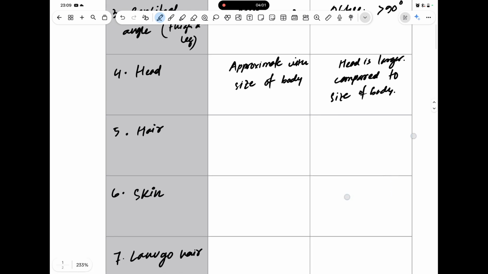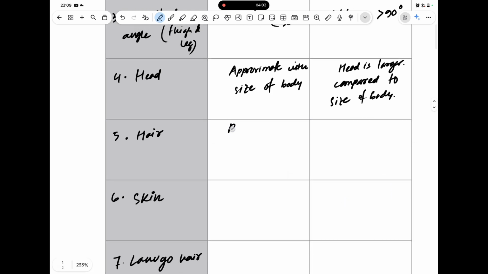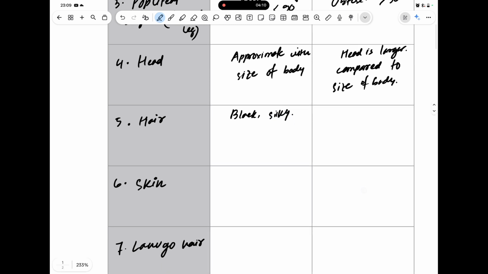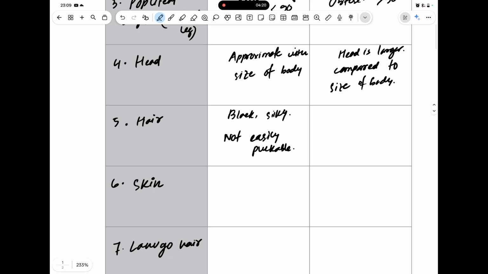In case of hair, in case of term it is black, silky, and it is not easily pluckable. In case of preterm, it is easily pluckable.